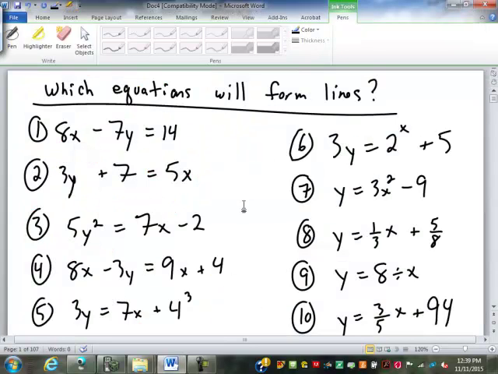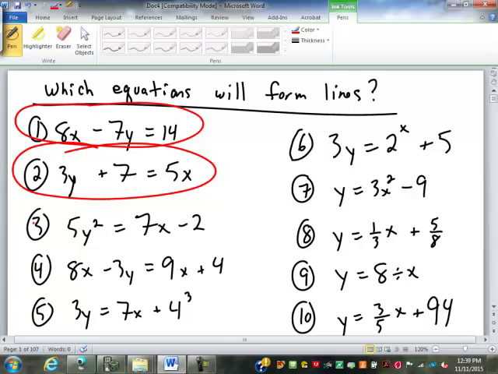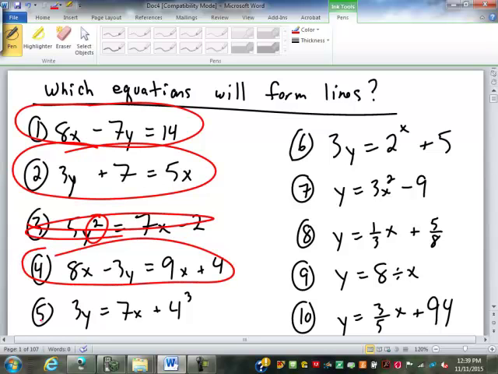So back to here. Number 1, line or no line? There will be a line, you're correct. Number 2, line or no line? 3, no, because there's a power on the y. 4, line, yes. 5, there's a power, but it's on a number. 4 to the third power is just 64.